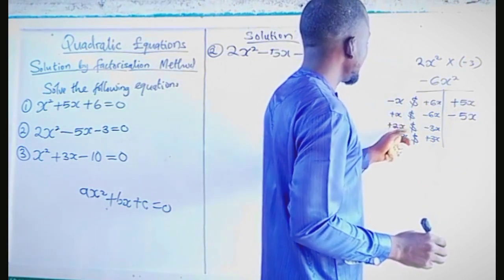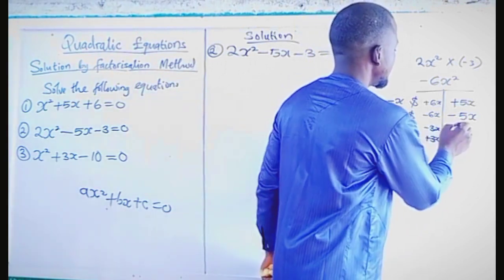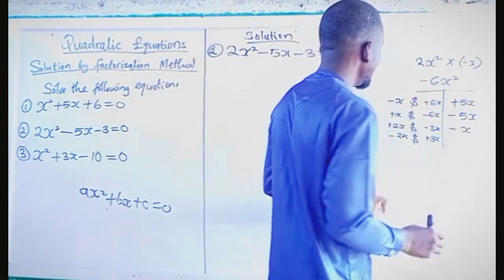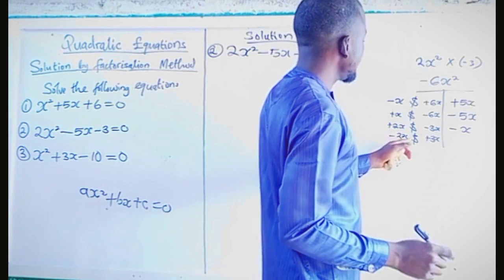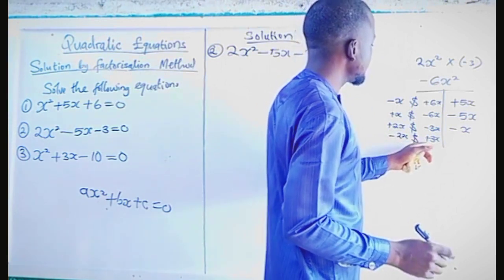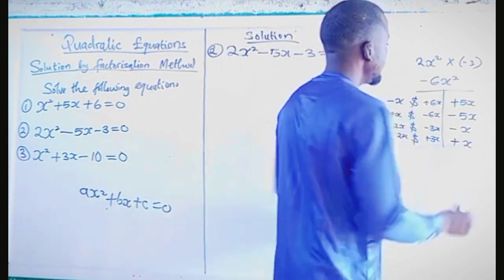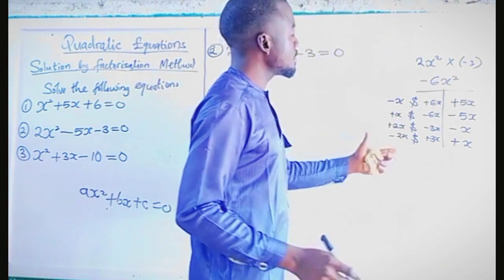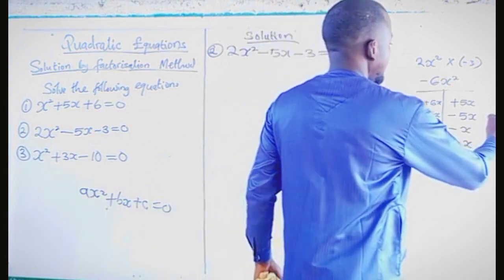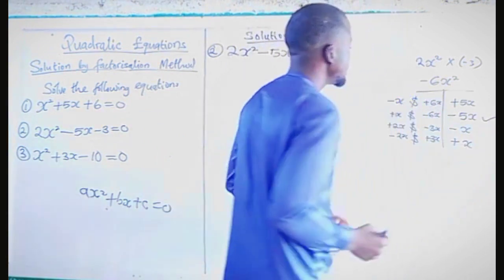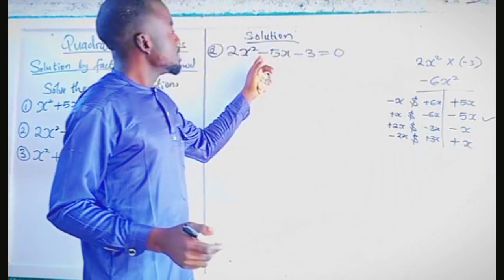Plus 2x minus 3x will give us minus x. Minus 2x plus 3x will give us plus x. So among all the four factors, here is the only one that gives us the middle term.